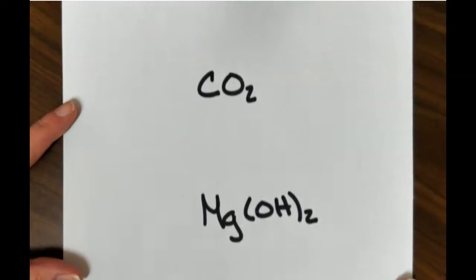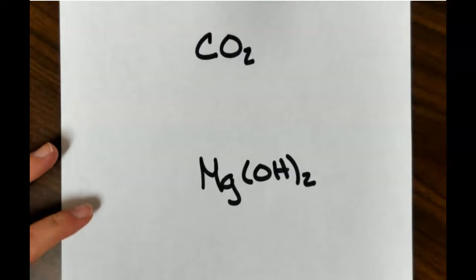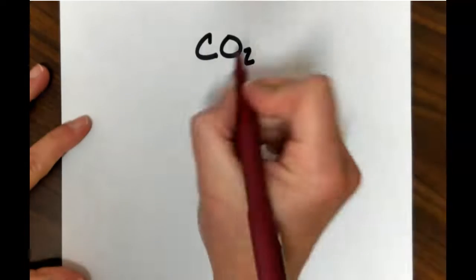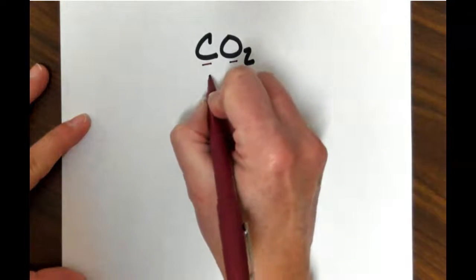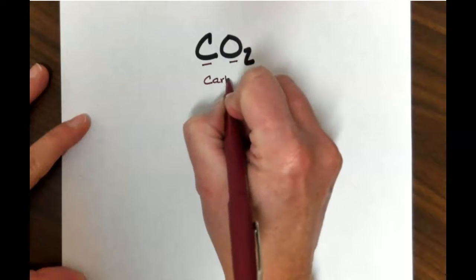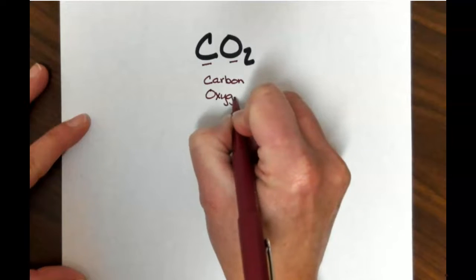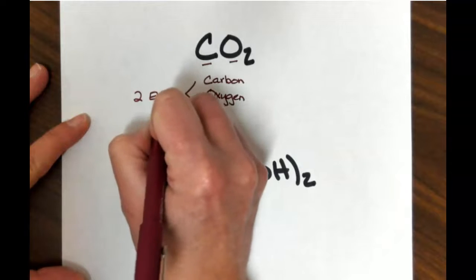Now in our next scenario, CO2. For carbon dioxide, we're going to look first at the elements. We have a capital C and a capital O. So in this formula, I have carbon and I have oxygen. So I have 2 total elements.